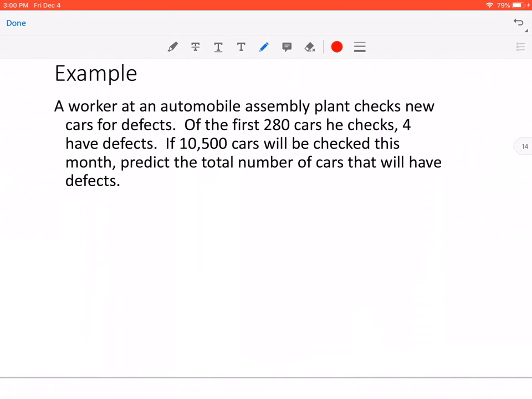Another example here, a worker at an automobile assembly plant checks new cars for defects. Of the first 280 cars he checks, 4 have defects. There's your ratio. So he checked 280, 4 have defects. So I'll put defects on the bottom. If 10,500 cars will be checked this month, predict the number of defects.